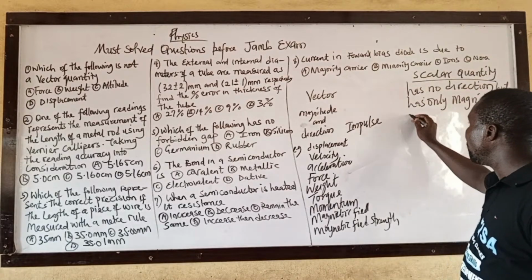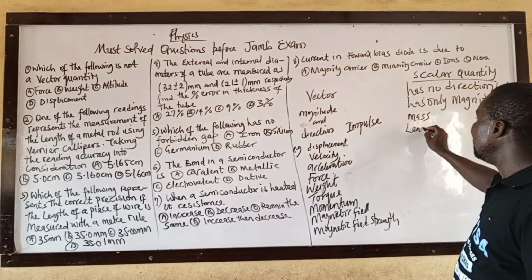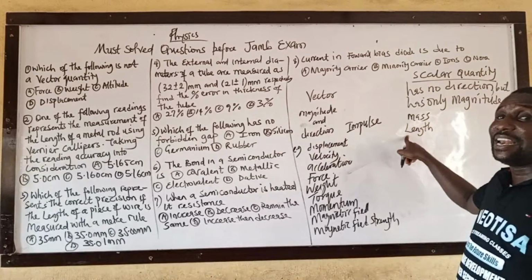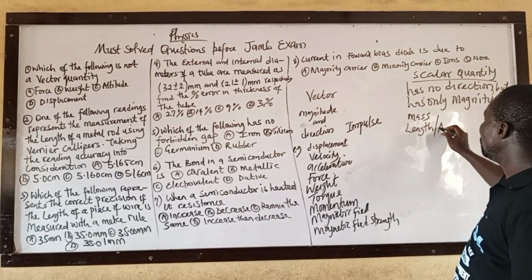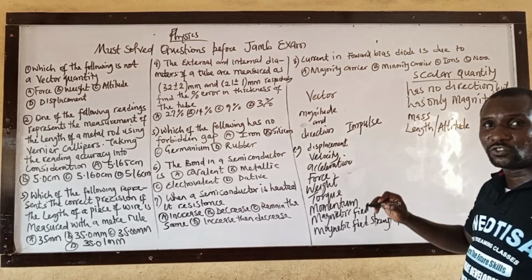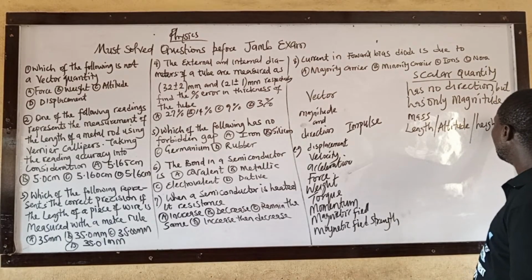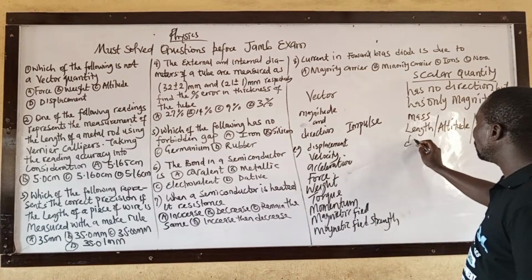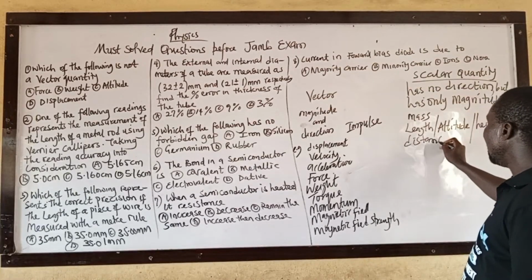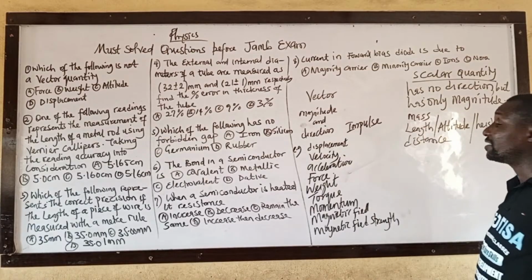That means we have mass, length. And when I say length, altitude is also included. Height is also included. Distance is also included. They are all the same thing as length. They are examples of scalar.